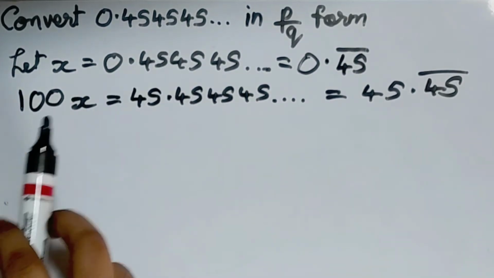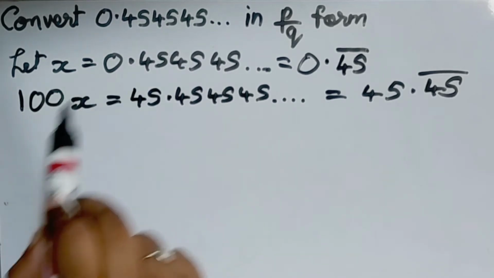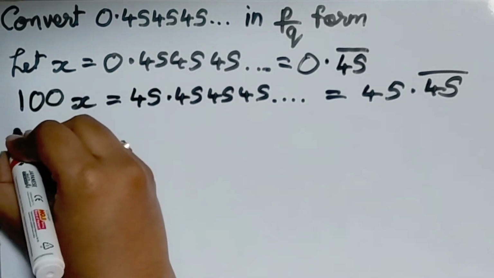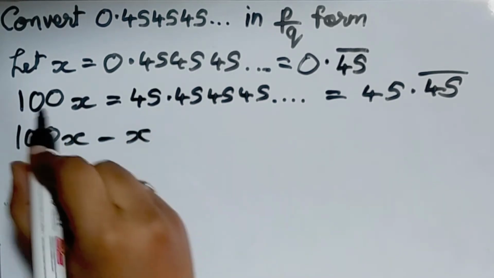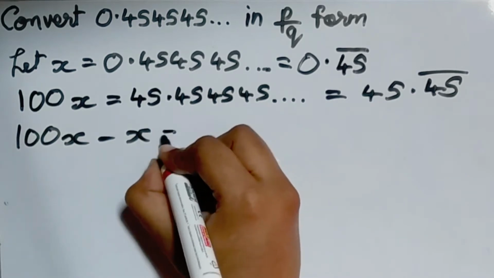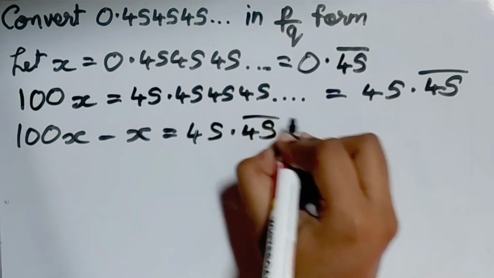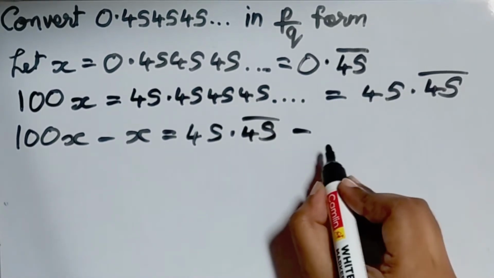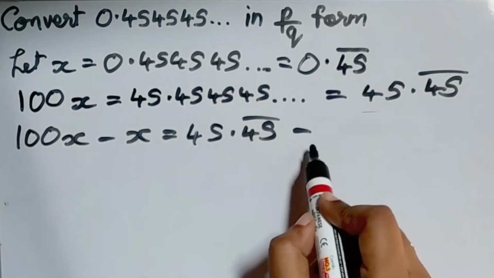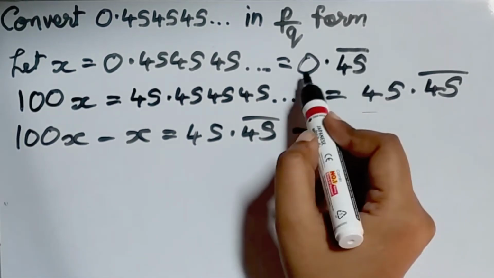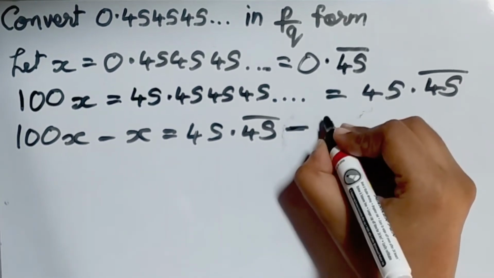Now same as the first sum, we subtract this from this. 100x minus x. Now what is 100x? It is 45.45 recurring, minus x. The value of x is 0.45 recurring.